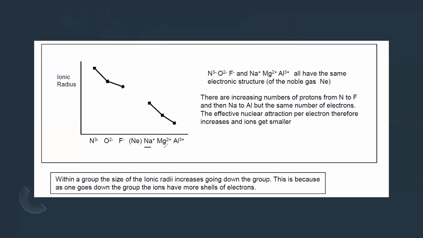When you compare sodium with magnesium and aluminum, why do you observe the size is decreasing? Sodium ion has 11 protons and 8 electrons in the second shell.